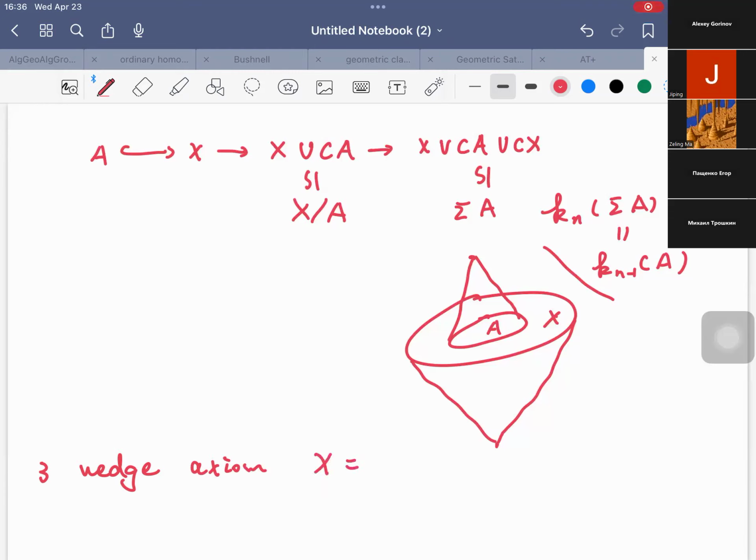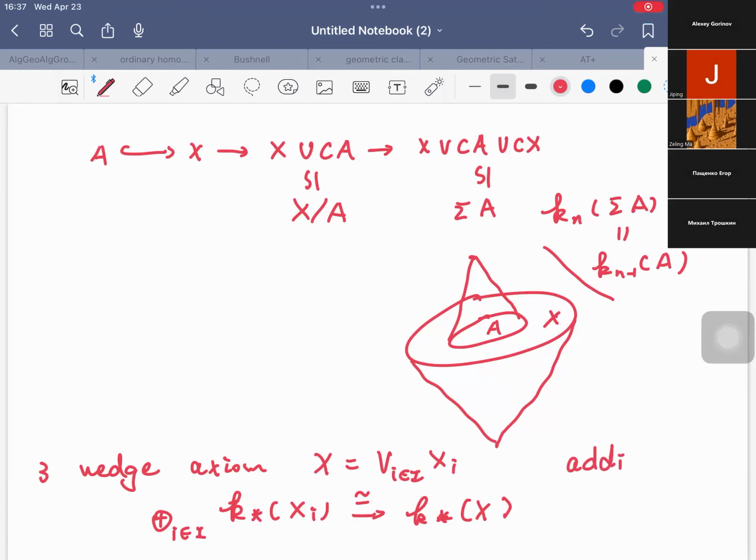If X is a wedge product, then you have an isomorphism from the direct sum of K star of X_i to K star of X. I see in some other references this is called additivity.